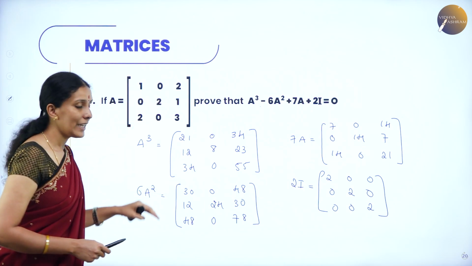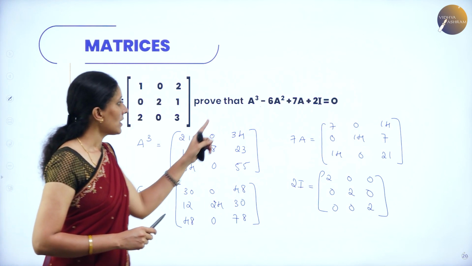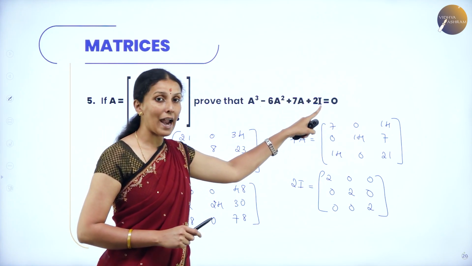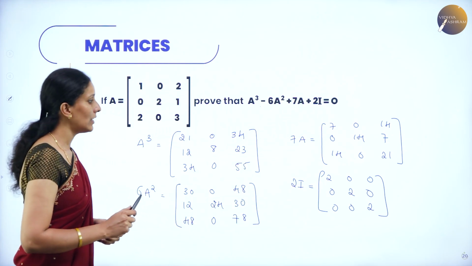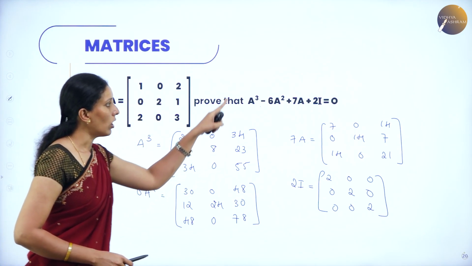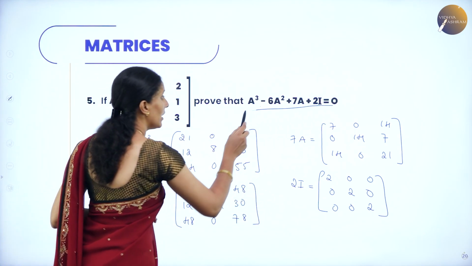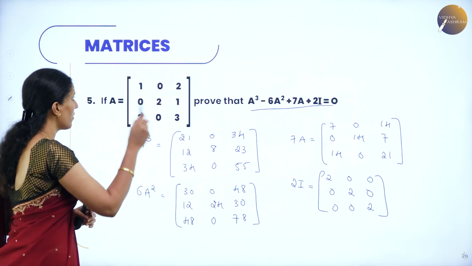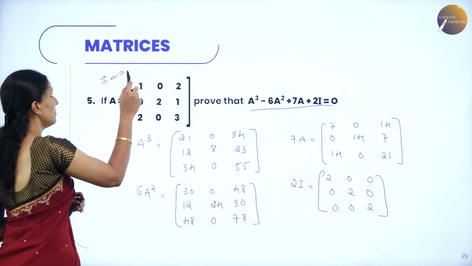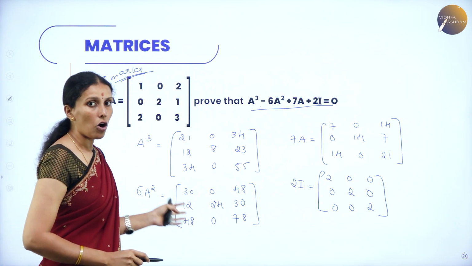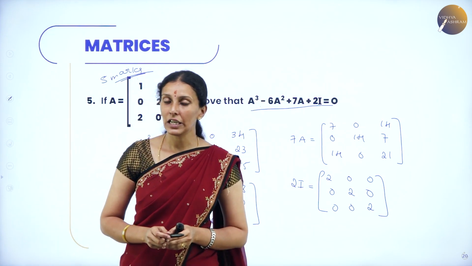Similarly, for each corresponding element, subtract 6A square from A cube, then add 7A, then add 2I. So the resultant matrix will become 0. Hence, by substituting all the values in the given equation, the resultant matrix will be the null matrix. This is also an example for a 5 marks question, where you have to find the values of all these and substitute inside the equation.